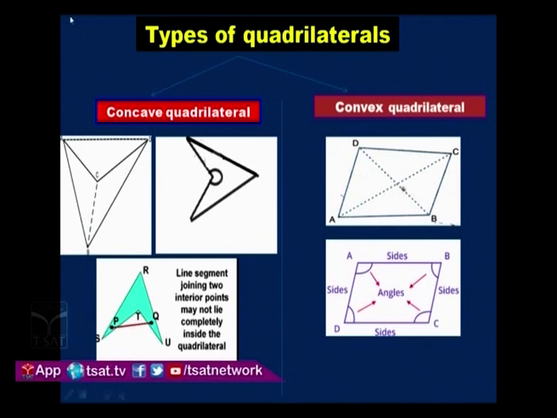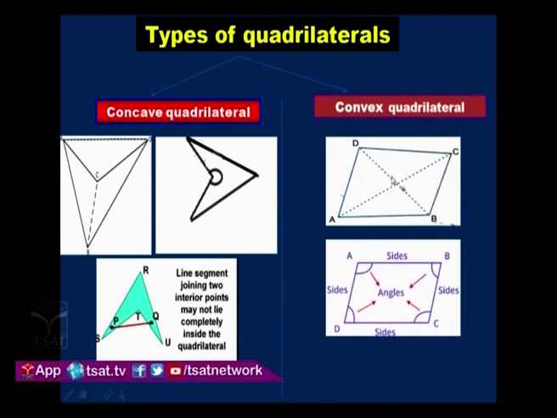If a quadrilateral has one interior angle as a reflex angle, then that type of quadrilateral is called a concave quadrilateral. But in convex quadrilaterals, all the angles are less than 180 degrees. So, this is one difference. Another is, just now we discussed there are two diagonals in a quadrilateral. See here, these dotted lines represent the diagonals of the quadrilaterals in both figures.